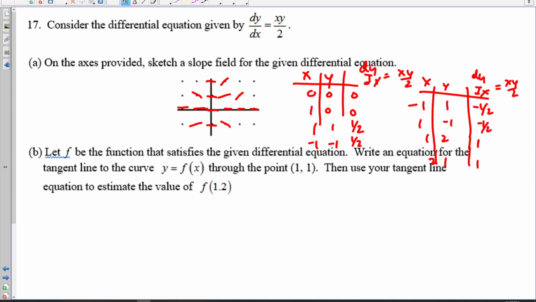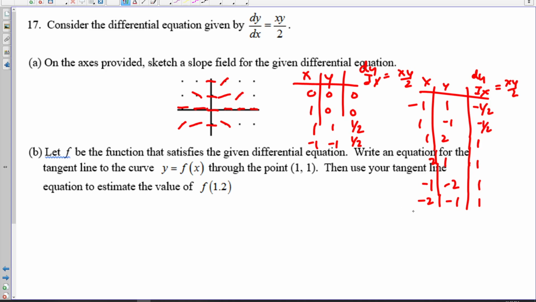It's also if I had -1, -2 or -2, -1, those would also be a slope of 1. So -1, -2, I don't have that point, but -2, -1, I actually do have, which is this point down here. So I'm going to copy the slope of 1 right there.